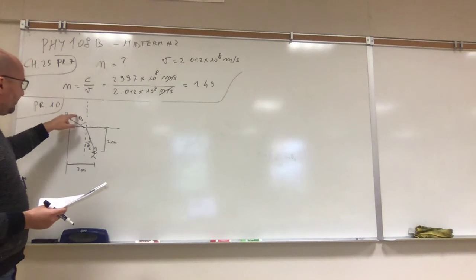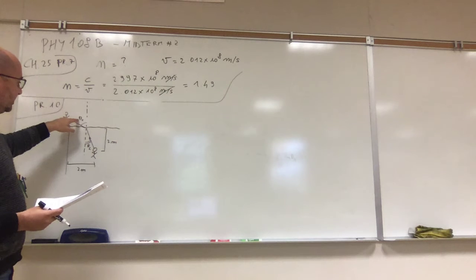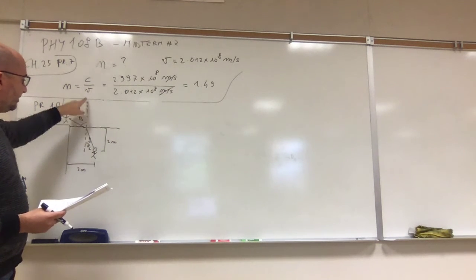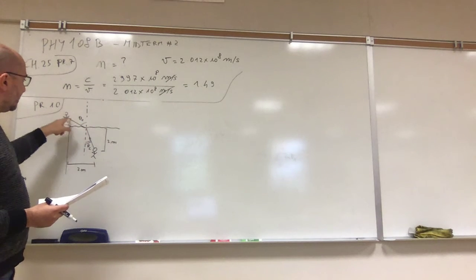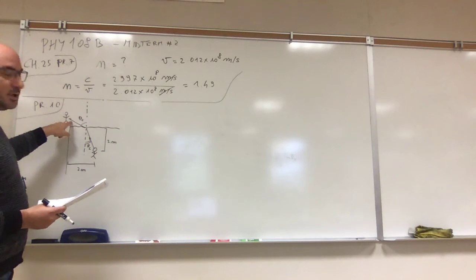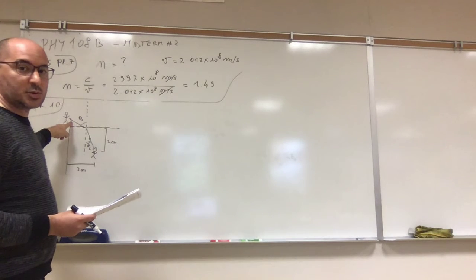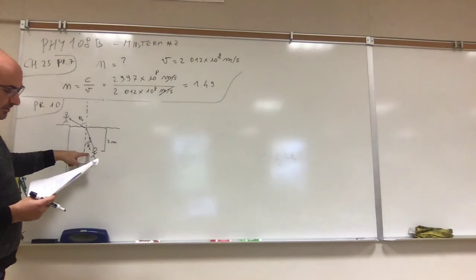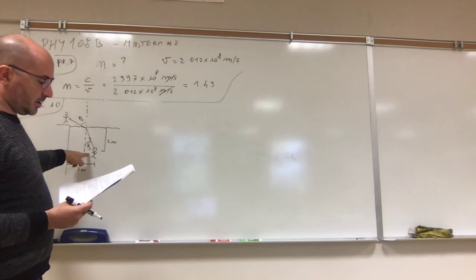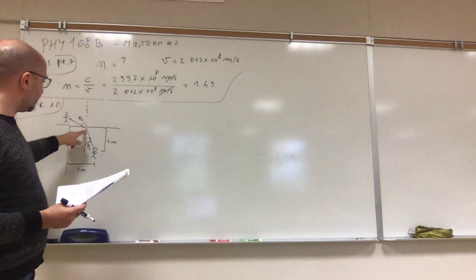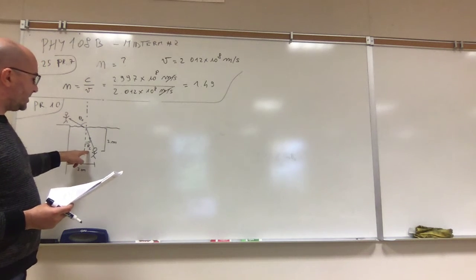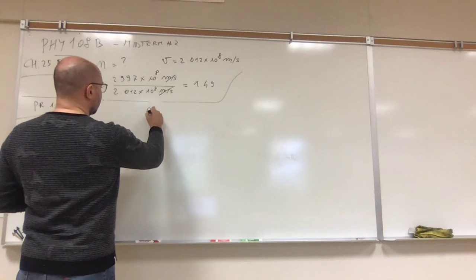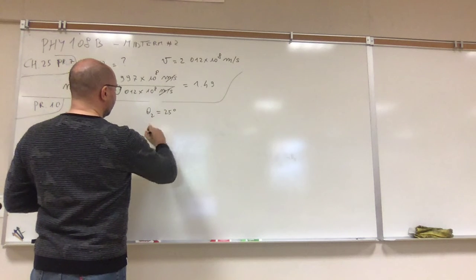What we want to find is this angle theta 1, the angle from the vertical, from the perpendicular to the water, with which the person outside the swimming pool sees the diver. We know that the angle between the ray in the water and the perpendicular to the water is theta 2, equal to 25 degrees.